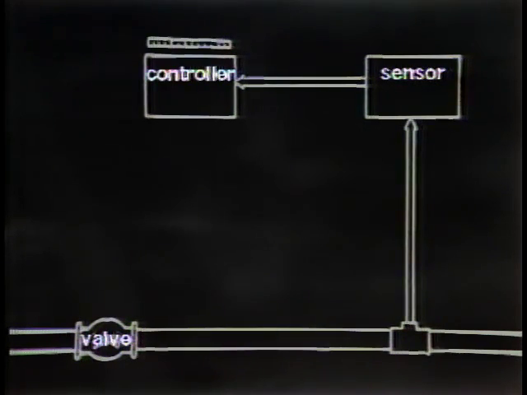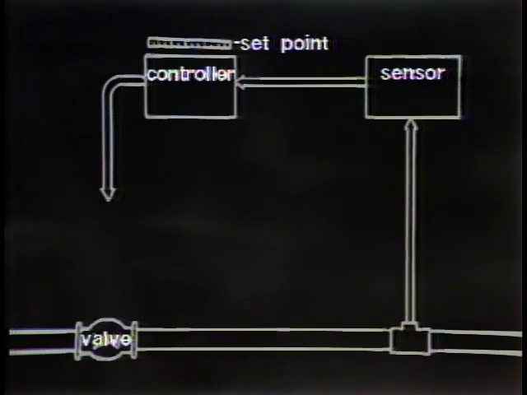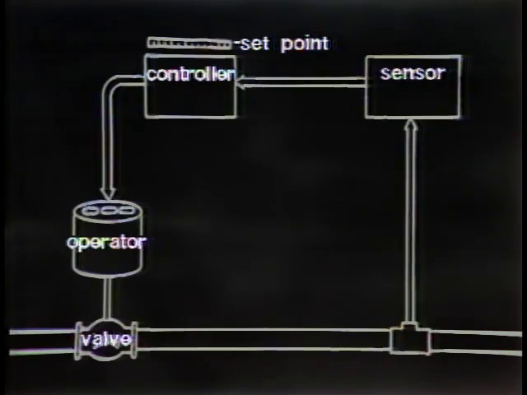Next, we add a controller which can compare this pressure signal to another that can be adjusted to indicate the desired pressure, called the set point. Now the controller generates a third signal that is proportional to the difference between the first two. This control signal operates a motor attached to our valve, and there you have it, a multiple component automatic loop.